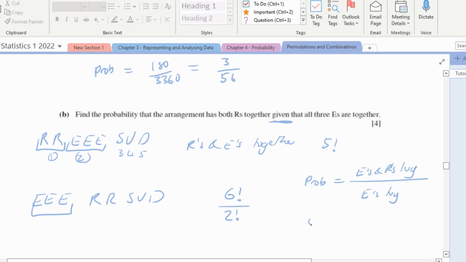Okay, so it's going to be 5 factorial over 6 factorial over 2 factorial, and I got 1/3 as my answer for that.